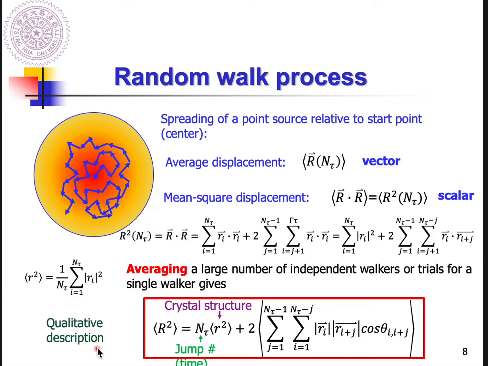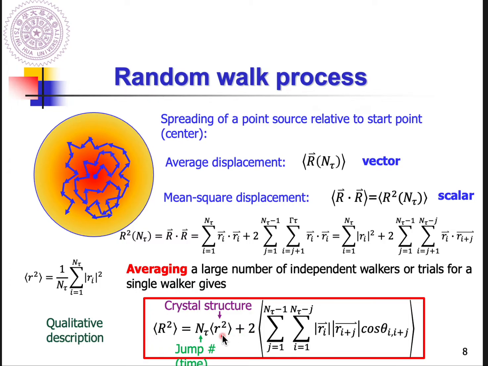But finally, we got a quantitative description for the mean square displacement. And this term is a great indicator to describe the diffusion phenomena, because it is highly associated with diffusion time period and crystal structures. As long as the diffusion happens longer, you get this value higher.